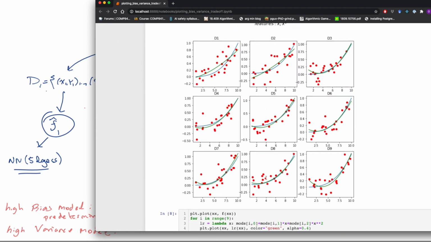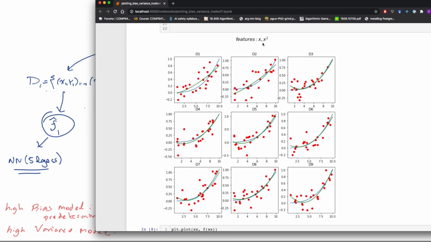Well, if you think about it, we have more flexibility in our model, right? We can pick models that have these two features. In the previous example, we were just fitting straight lines. Now we're fitting quadratic functions, and quadratic functions are more flexible. There are more quadratic functions to choose from.